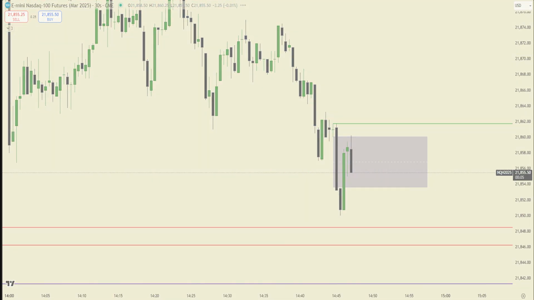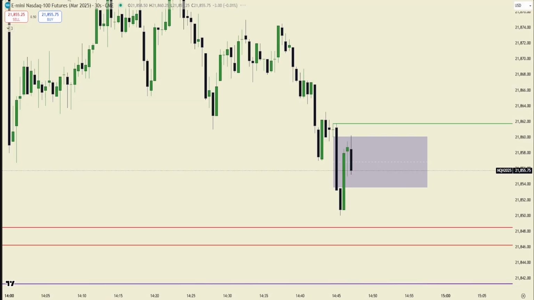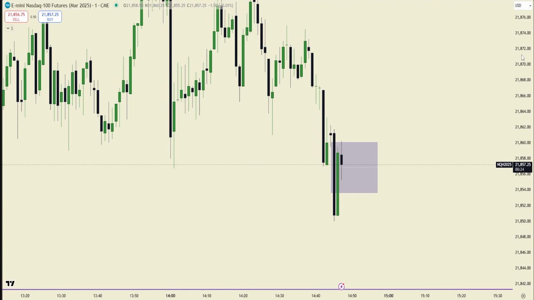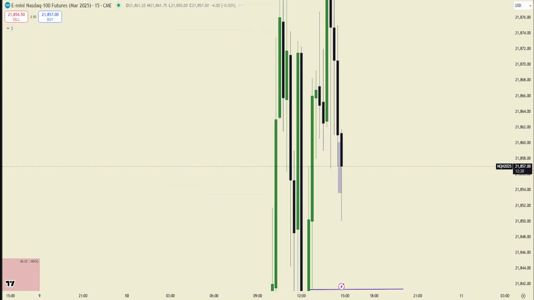Ultimately, I think we're probably just going to keep heading lower here. That seems to be the bias for right now. We're disrespecting bullish BD arrays and just continuing to make lower lows. Obviously, it's going to hinge on this 5-minute getting a close below, but that hasn't happened yet, so we'll see.